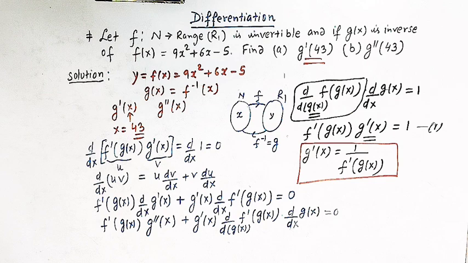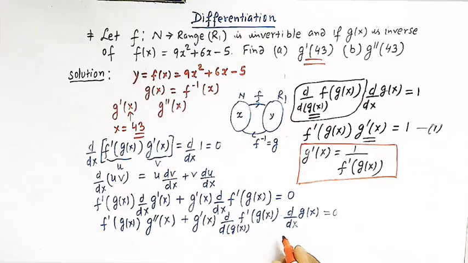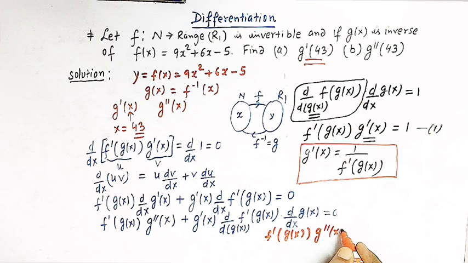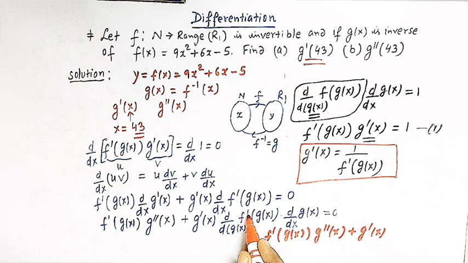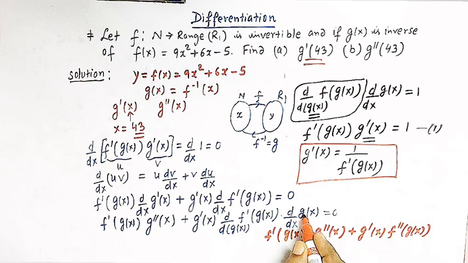Right, so now this expression can be written as f prime of g of x, and here we have the second derivative of g of x, and here we have g prime of x, and here the derivative of f prime of g of x with respect to g of x is f double prime, and here we have g of x, and the derivative of g of x with respect to x is denoted by g prime of x, and this is equal to 0.